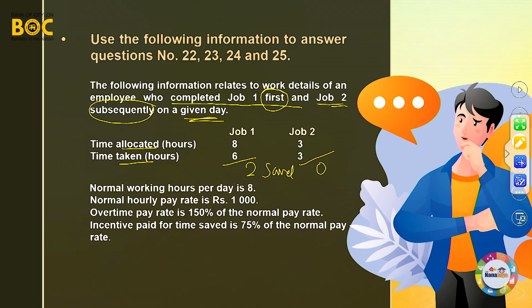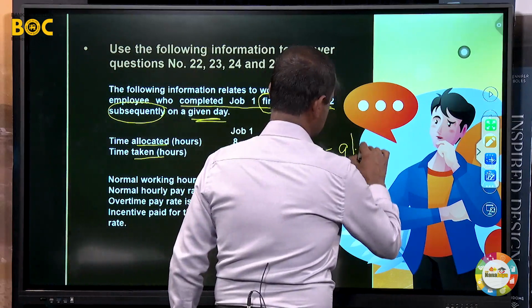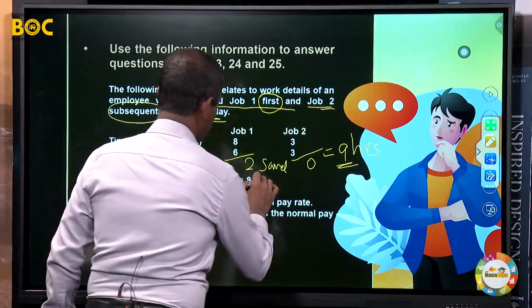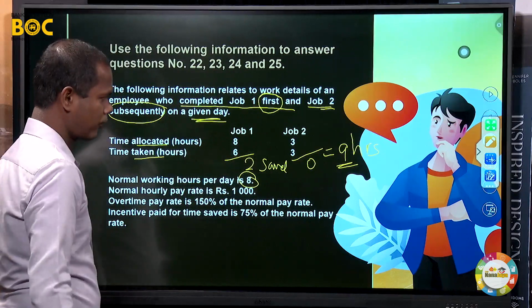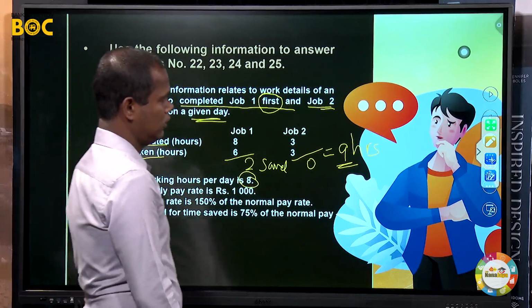But if you consider here, he has taken 9 hours: first job 6 hours, second job 3 hours. The normal number of hours is 8, so you can understand he has worked 1 overtime hour.